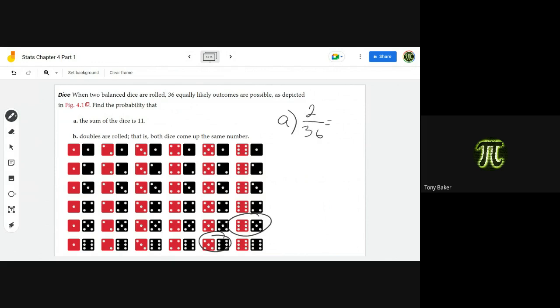That is 0.055 or 5.5% that you're going to get a sum of 11. What's the probability that doubles are rolled?